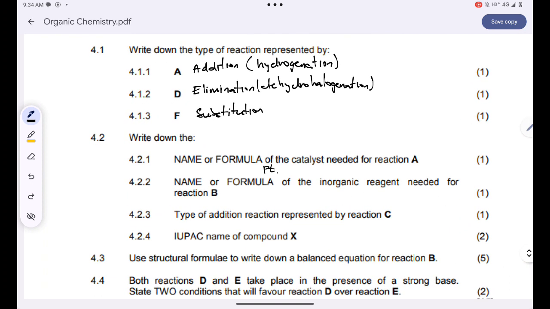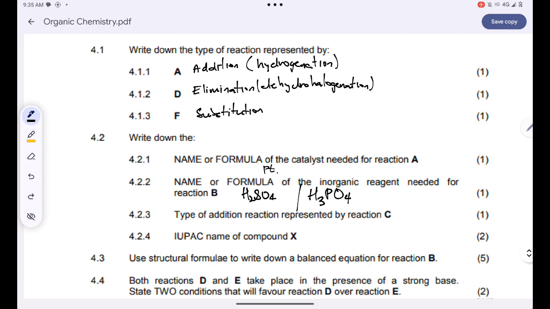That's concentrated H2SO4 or phosphoric acid, that's H3PO4. Are you together? And the type of condition that you need as well, you will need heat for that reaction to happen.